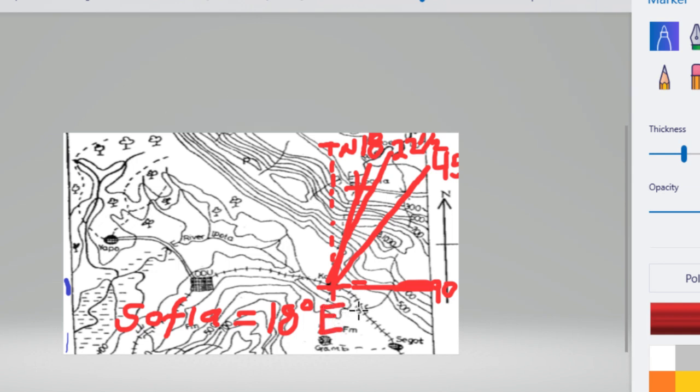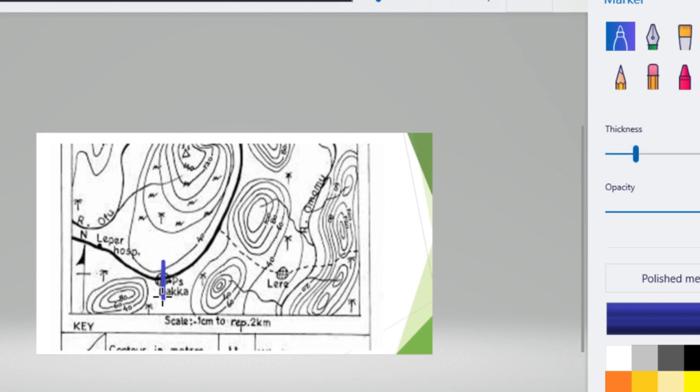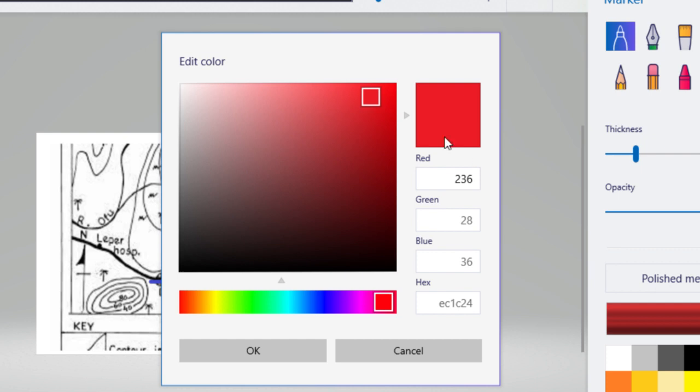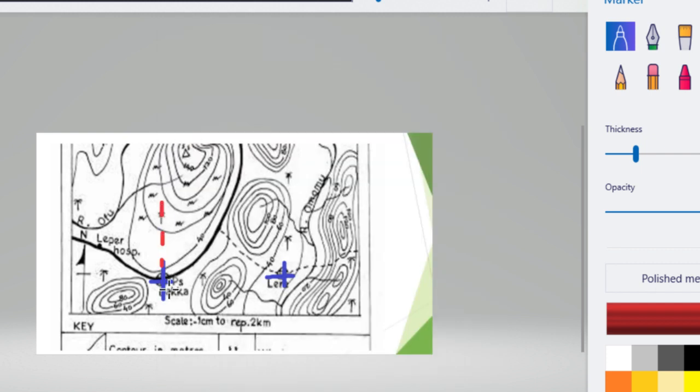Example 2. What is the bearing of Larry from Dakar? Our standpoint will be Dakar, and we will now draw a straight line from Dakar to Larry. Please let us remember to always draw the straight line or the markings on the settlement rather than the names of the settlement, because sometimes the names can be far from such settlement within a map.